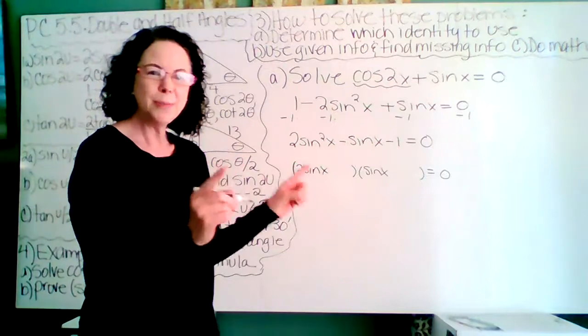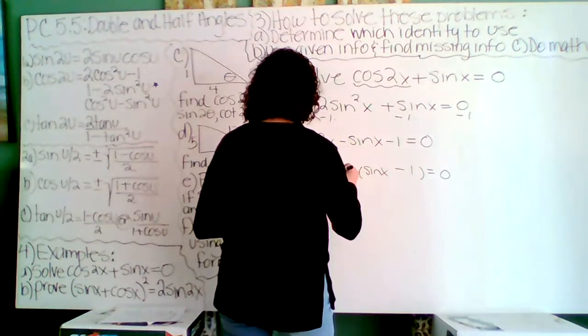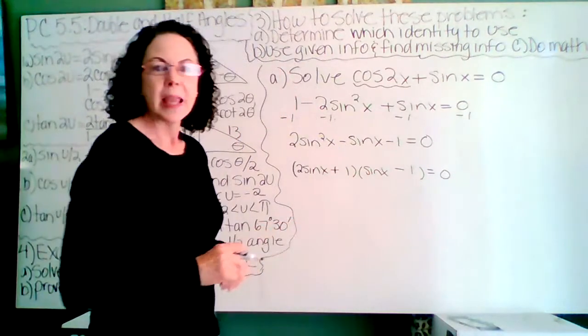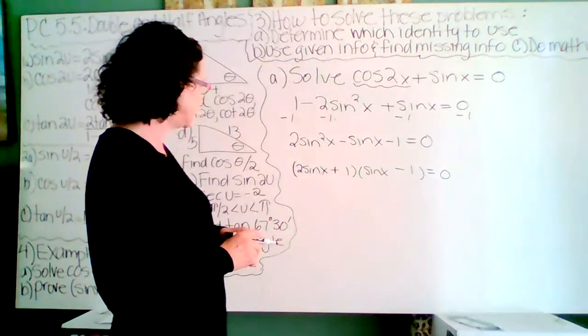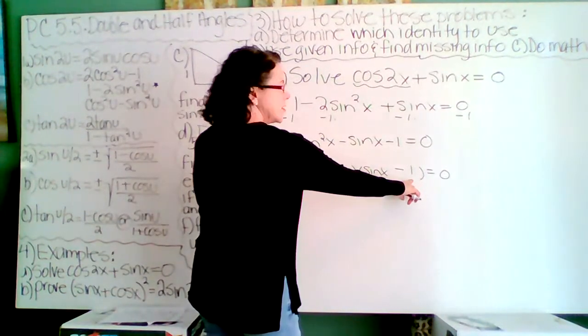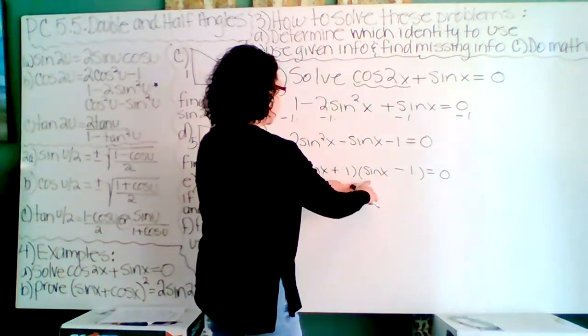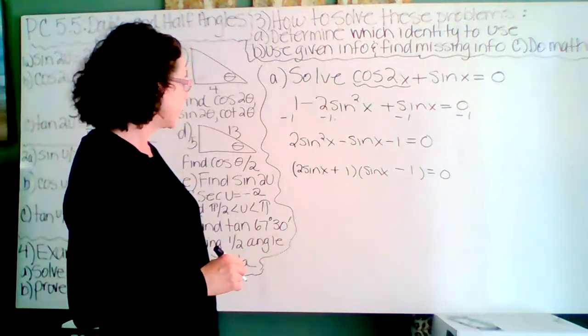So there's only 2 possibilities for placement. I'm going to put my -1 here and my +1 here and see if when I multiply this out, I get the expression above. That would be 2 sine squared minus 2 sine of x plus sine of x is a minus sine of x minus 1. So I think we're good there.